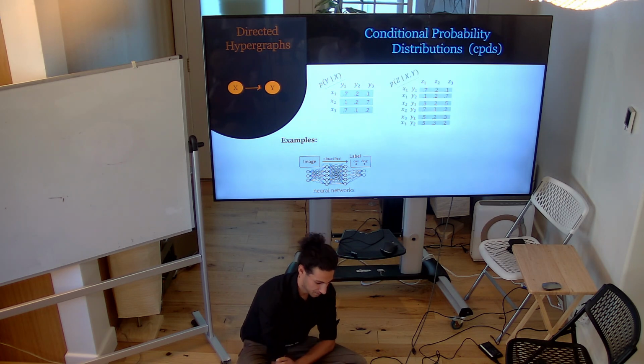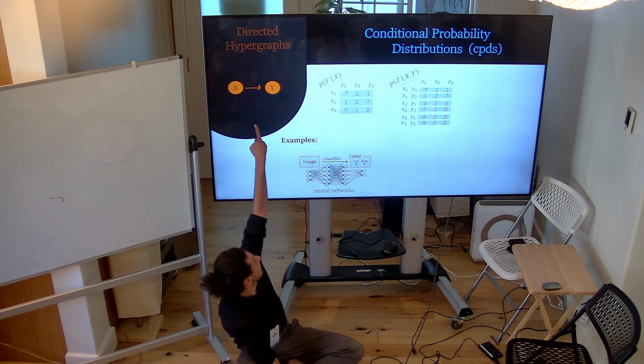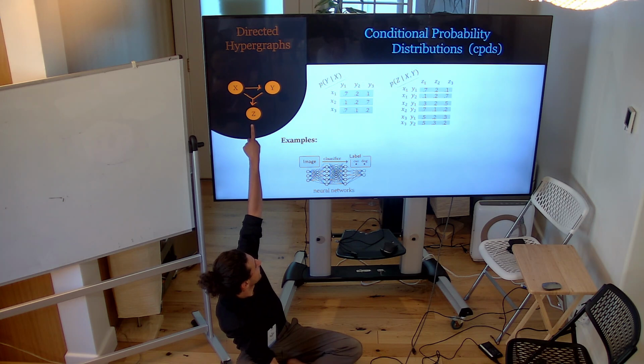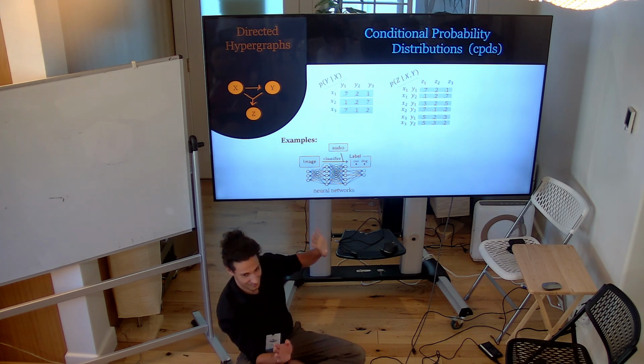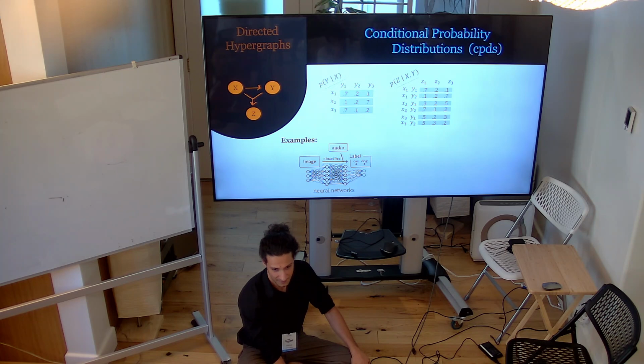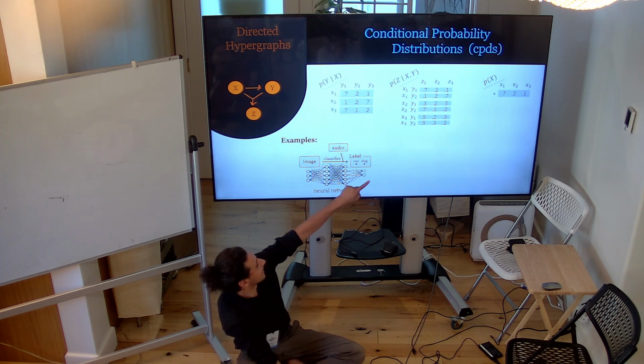Okay, what if I had a joint dependence? What if I had z that depended on both x and y? I'd draw it like this. An example involves what if you have both an image and audio, multiple inputs to your network, no problem. Okay, what if I had an unconditional distribution? What if I didn't want to put anything into my network? I just have P of x.